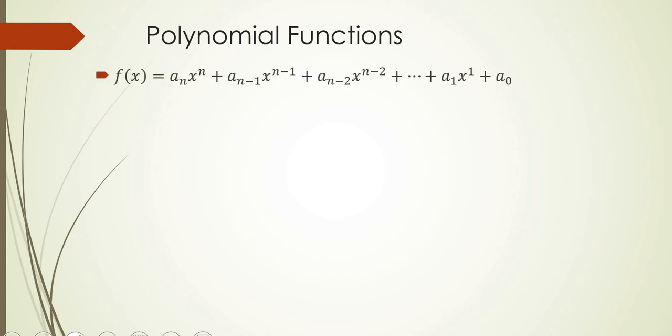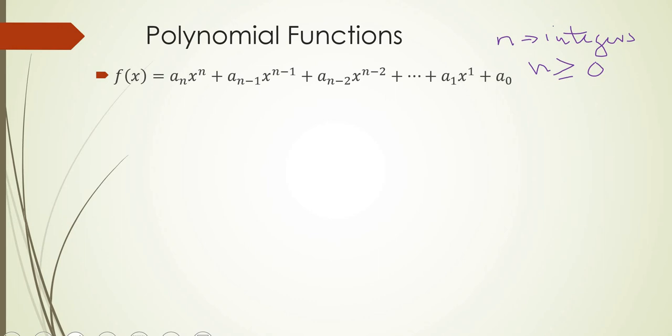Polynomial functions. This is a fancy way of writing that a polynomial function is something with numeric powers and always represents integers. And in this case, it's going to be actually integers greater than or equal to 0. And so it's powers.